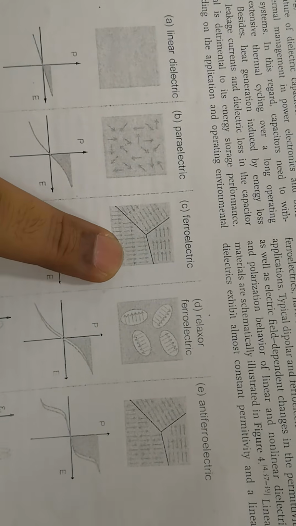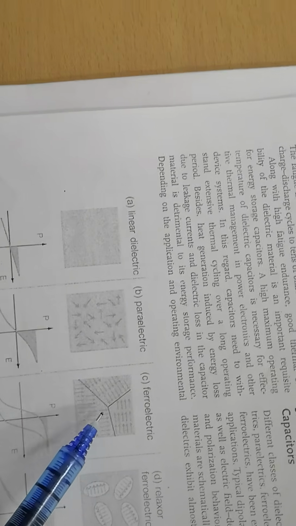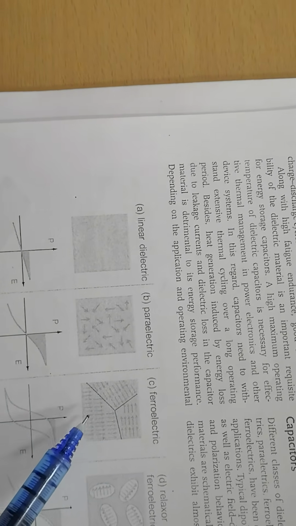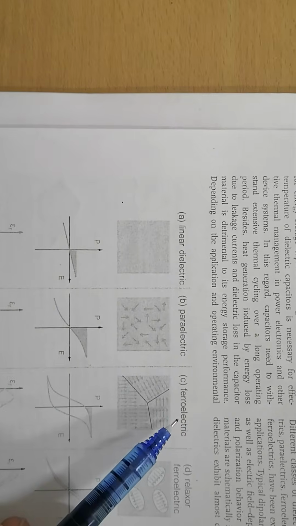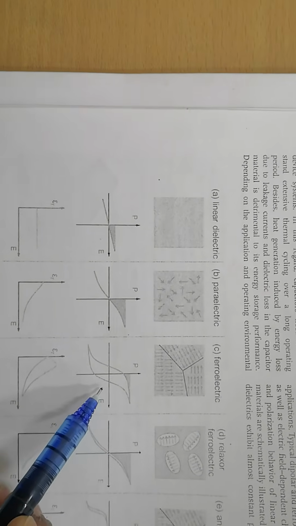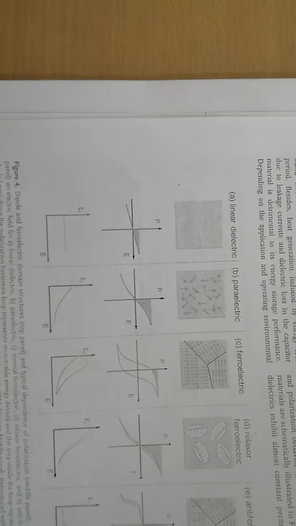You can see here this is a domain, and this represents the boundary of a domain. In this region all the dipoles are aligned in one direction. So the existence of these domains in ferroelectric materials gives us this particular kind of PE loop, right?